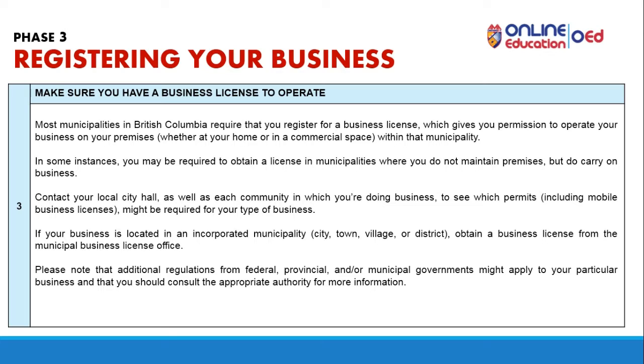You may contact your local city hall and ask for the process to follow in order to obtain a business license. If your business is located in an incorporated municipality, city, town, village, or district, obtain a business license from the municipal business license office. So you have another option.